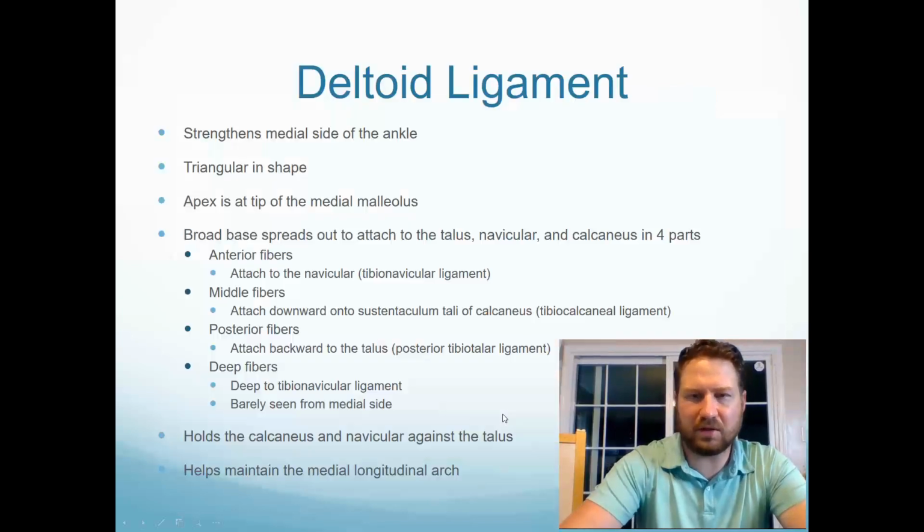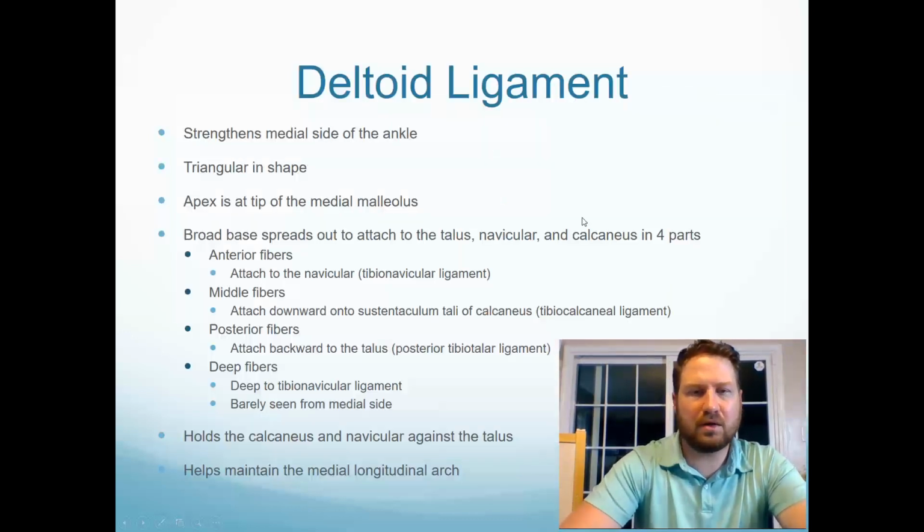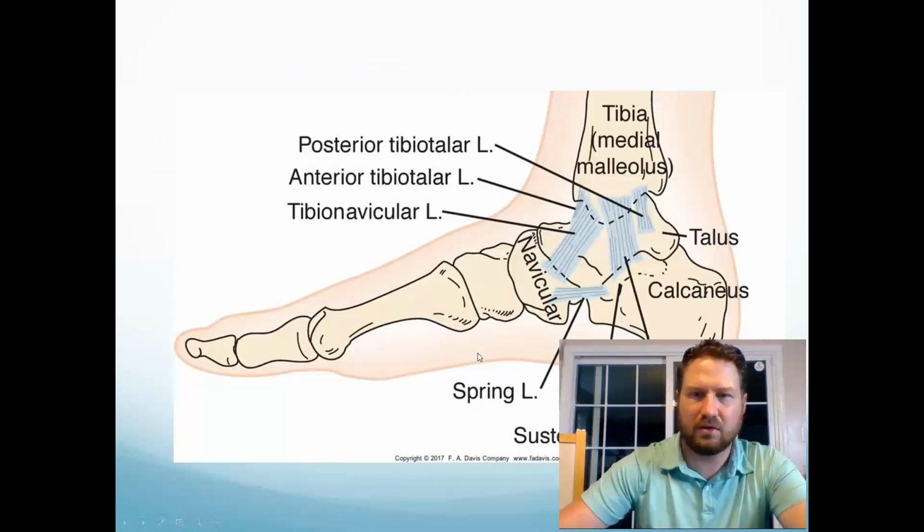Spring ligament is not part of it. Your book kind of just says our anterior fibers, and it does name them. It says our tibionavicular ligament, our tibiocalcaneal ligament, and our posterior tibiotalar ligament. So those are the 3 main.